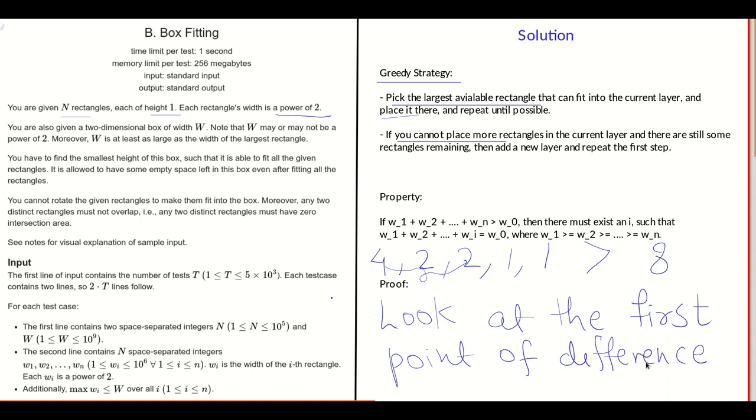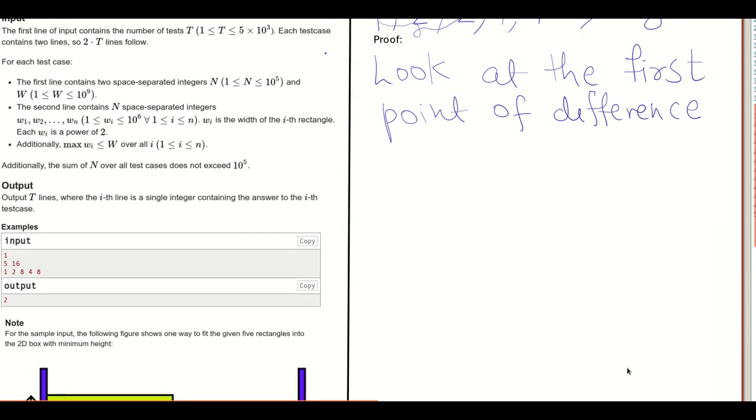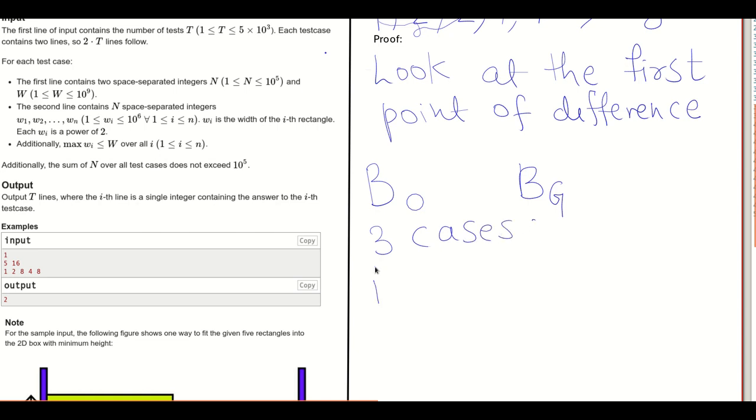So looking at the first point of difference, let's say that the width of the optimal rectangle that is placed is BO, and the width of the greedy strategy that we follow is BG. So there might be three cases. In the first case, the width of the optimal might be greater than the width of the greedy, but this is never possible since in our greedy we choose the largest width rectangle that can fit into the current layer.